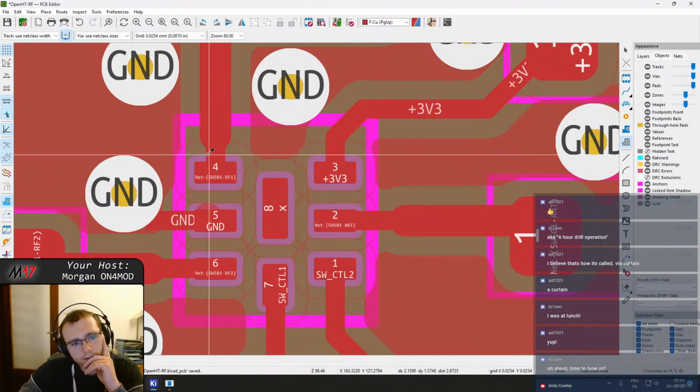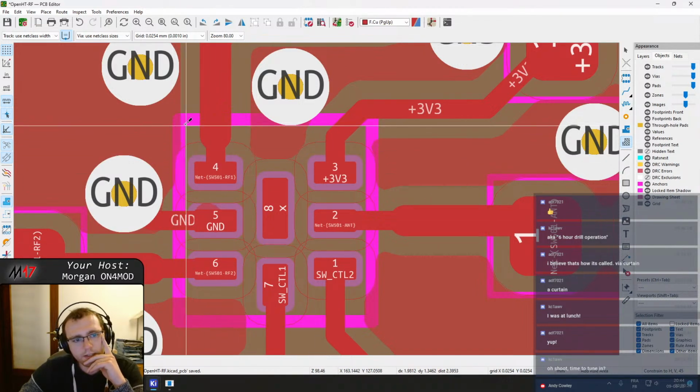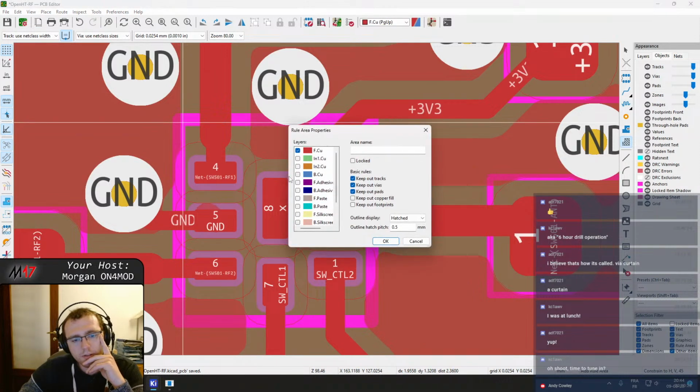Yeah, I want it to be as flat as possible below this without any area filling in the way.